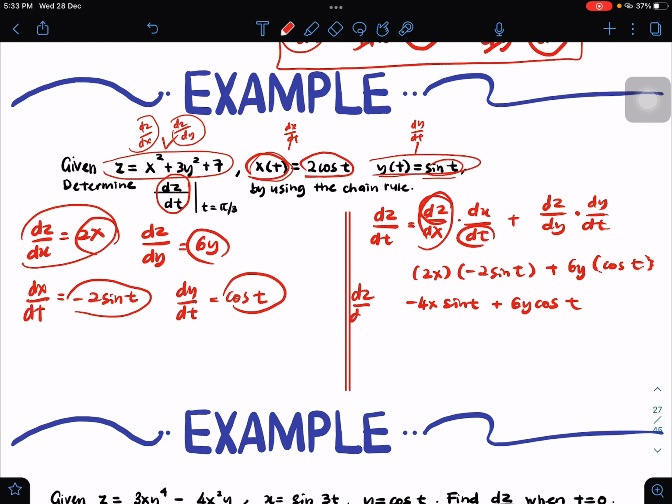But the question asks you to find dz/dt when t is equal to pi over 3. So you need to substitute t equals pi over 3. Class, if you see here, you want to substitute t equals pi over 3, but you also have y and x. So you need to find the value of x and y. How to find them?